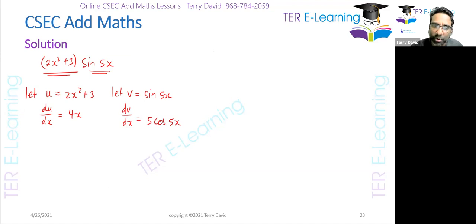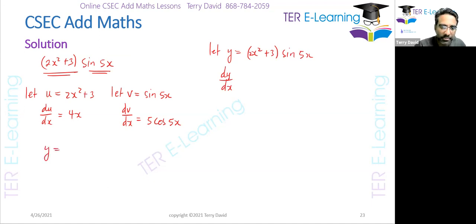Now, I'm going to call the original equation they gave us y. So this is 2x squared plus 3 multiplied by sine 5x. So dy dx: remember, this is what the product rule looks like.